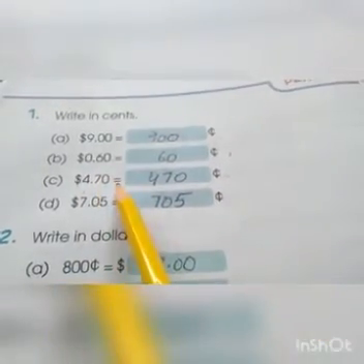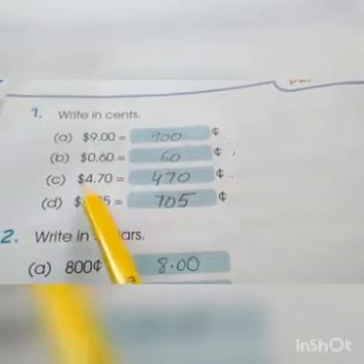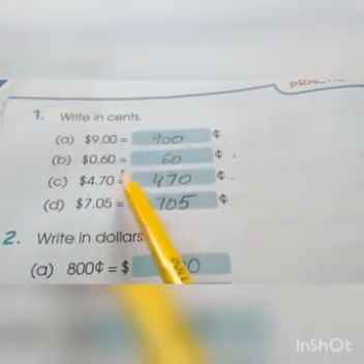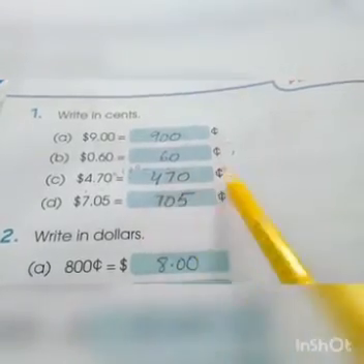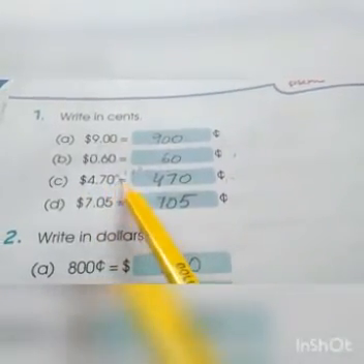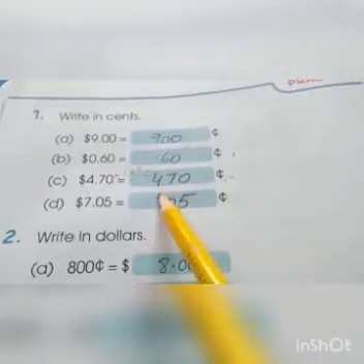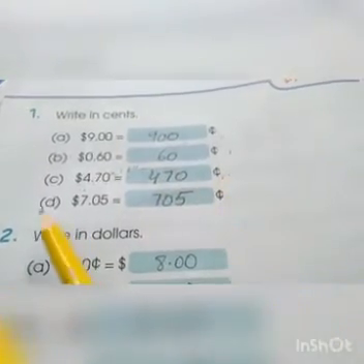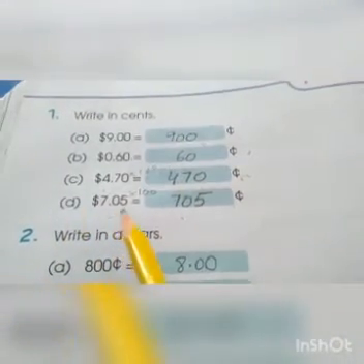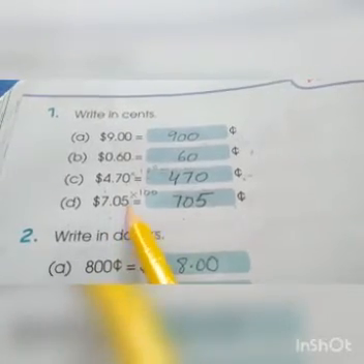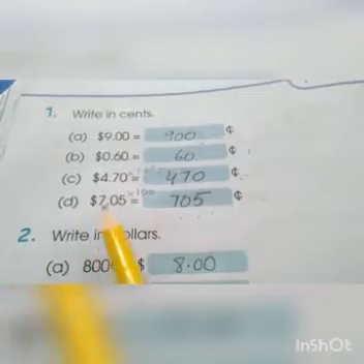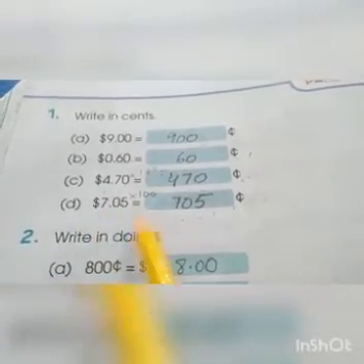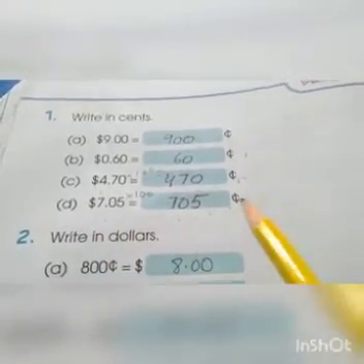We have to multiply by 100. 4.70 multiplied by 100 is equal to 470 cents. $4.70 is equal to 470 cents. Part D, 7.05 multiplied by 100 is equal to 705 cents. $7.05 is equal to 705 cents.